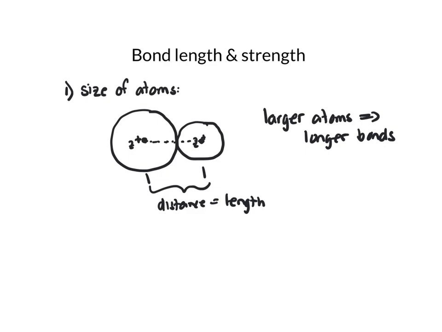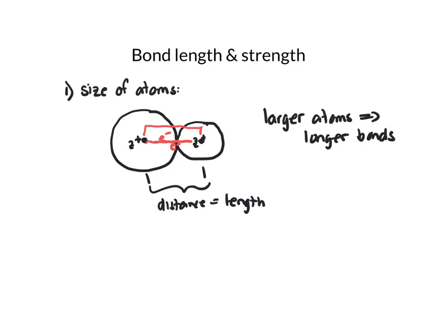In addition, remember that this bond is made up of 2 electrons. And so the longer that bond is, the further away those electrons are from each of the nuclei. And the further away the negative charge is from the positive charge, the weaker that attraction is.